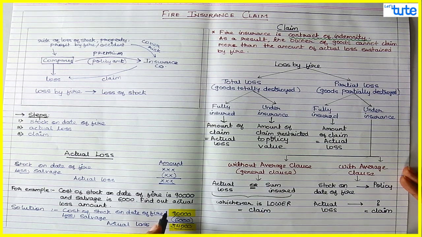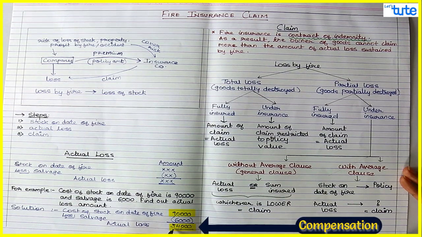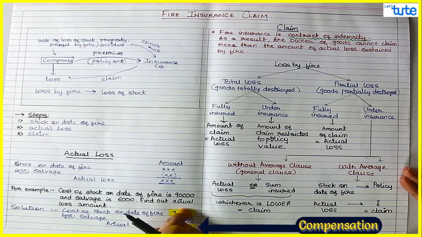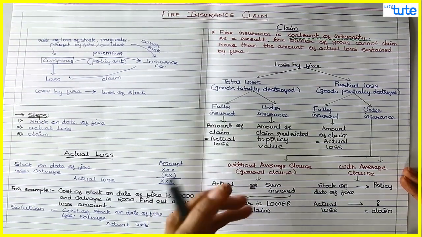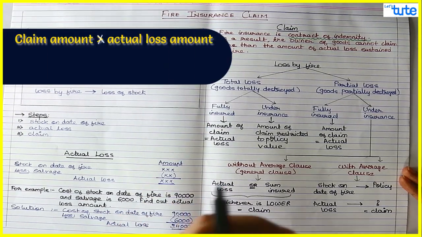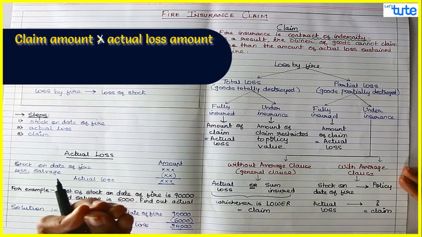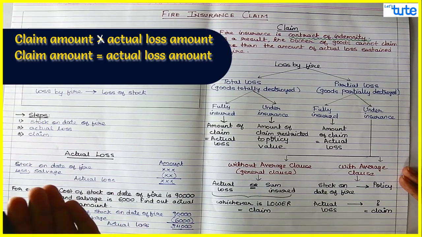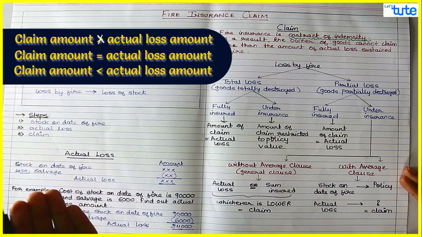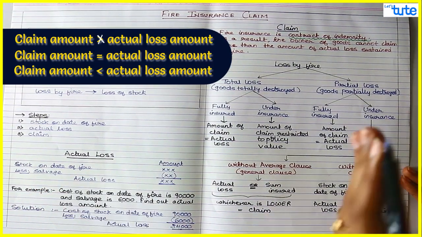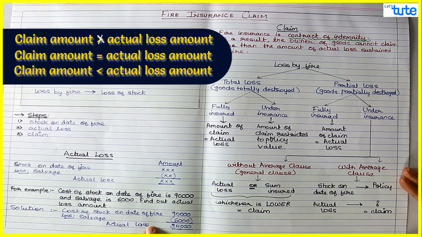So the insurance company will compensate you only for the actual loss which is suffered by the company and not for the stock amount. So always remember that your claim amount will never ever be more than your actual loss amount. Claim would be equal to your loss amount or it can be lower than your loss amount, but it cannot exceed the actual loss suffered by the company.